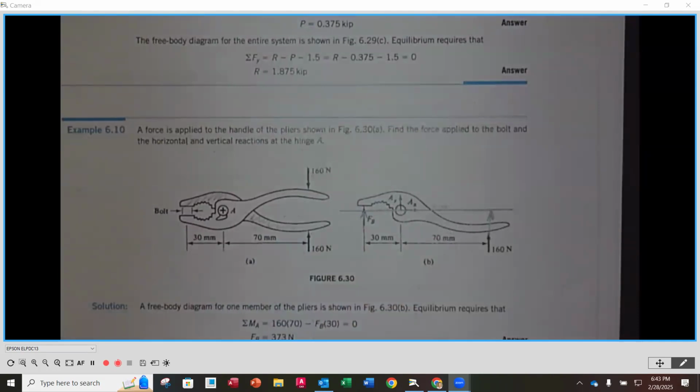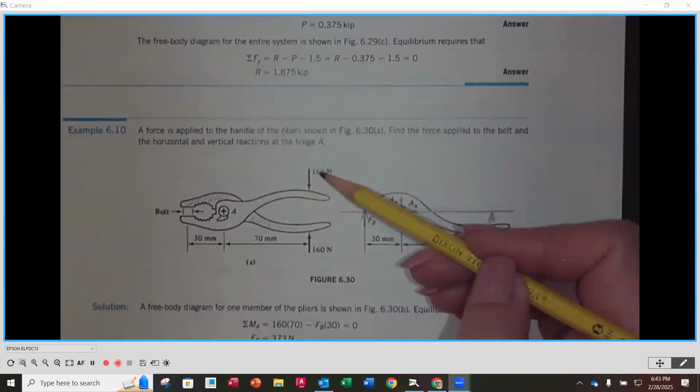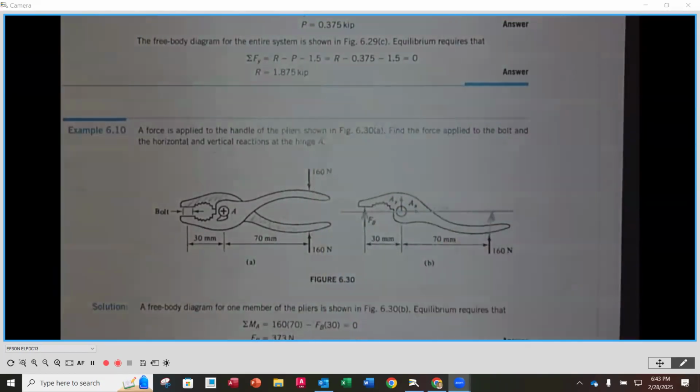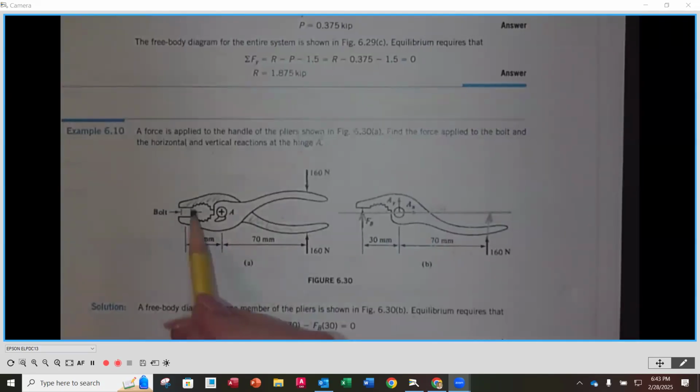Now, as we look at this pliers, you'll notice that in the illustration here, they give us some dimensions, and they also give us the force that we would be exerting on the handle in order to come down and compress on a bolt. So to look at this pliers, we're going to actually look at one handle.